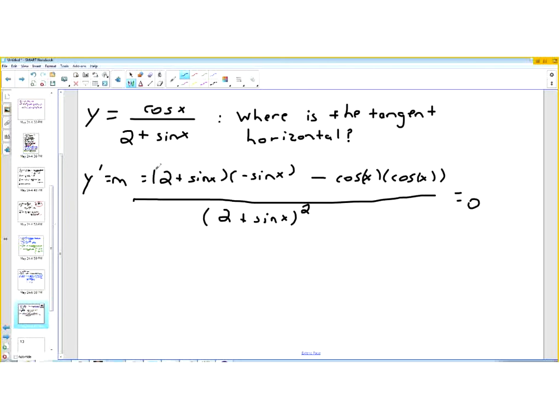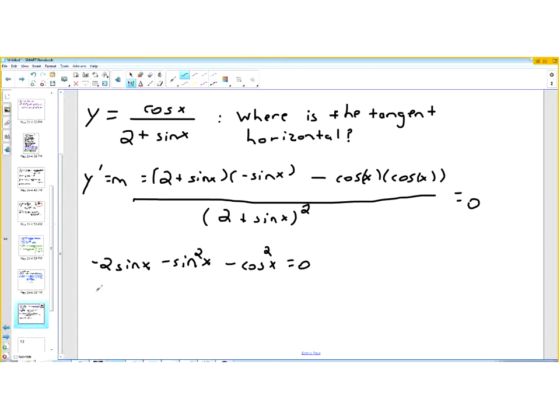So we have to simplify the numerator now. We're forced to simplify. So we have the requirement that -2 sine x minus sine squared x minus cosine squared x is equal to 0.